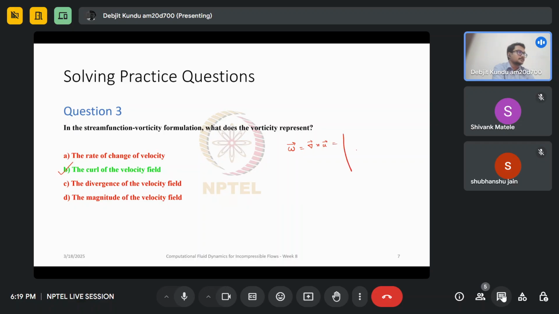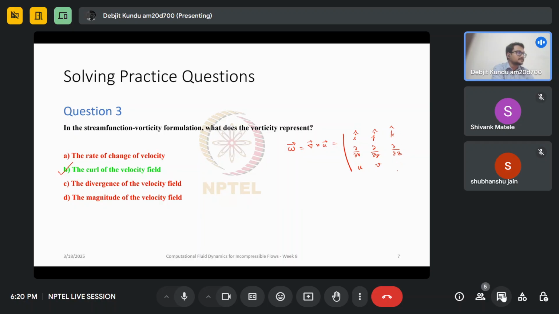So in 3 dimensions, this is what it would look like. We'll have the three unit vectors i, j, k, then dou dou x, dou dou y, dou dou z, and the three velocity components, u, v, and w.